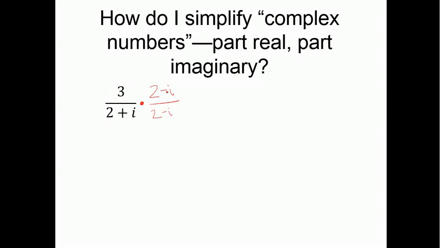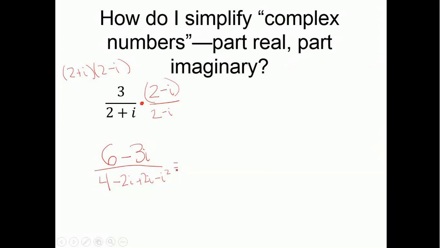So, let's multiply the top. I'll get 3 times 2 minus i, so that's 3 times 2, which is 6, and 3 times -i, which is -3i. Let's multiply the bottom now. I gotta write this off to the side so I can see it. So 2 times 2 is 4. 2 times -i is -2i. i times 2 is 2i, and i times -i is -i squared. You're probably saying, I still have i's on the bottom.